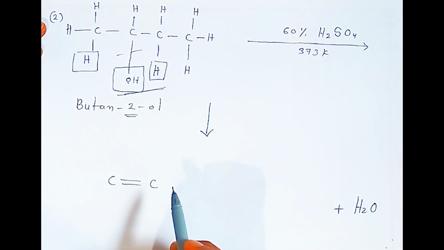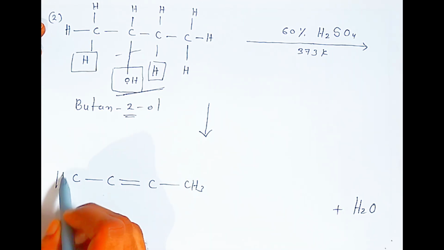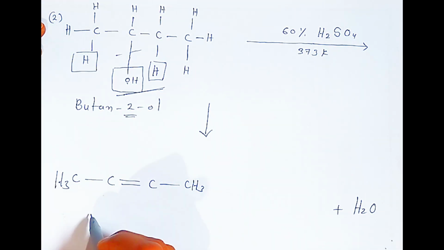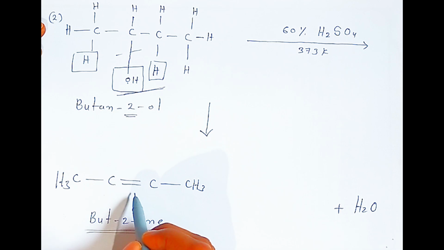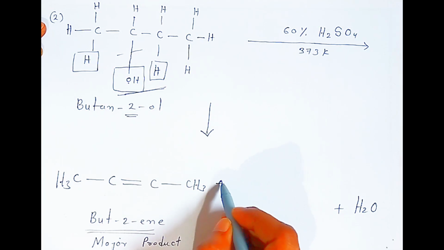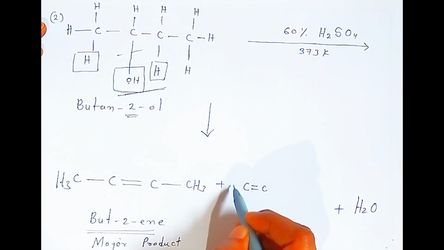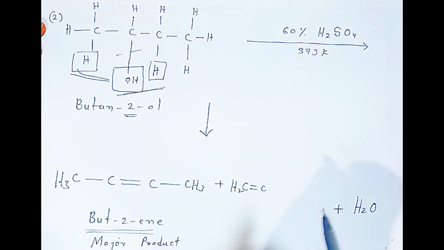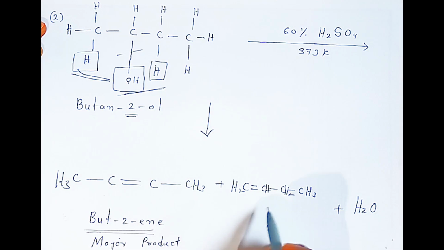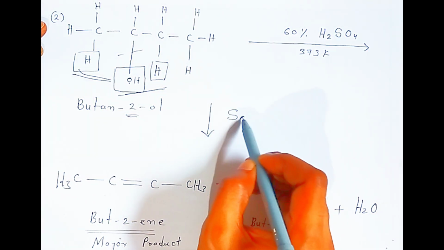If it is combining in this fashion, students, you are getting CH3 on this side and CH3 on this side. Understanding, students? So you are getting the carbon-carbon double bond between these 2 carbons. So this product will be the major product, students. And if it is coming from this carbon, students, you are getting the carbon-carbon double bond here. If it is combined with this hydrogen, you are getting but-1-ene, which is minor. So this takes place because of the Saytzeff rule.